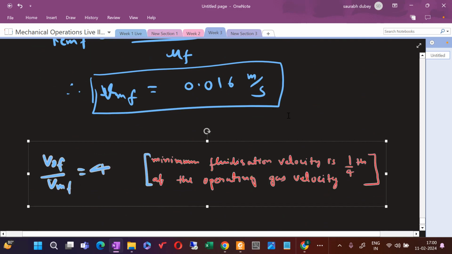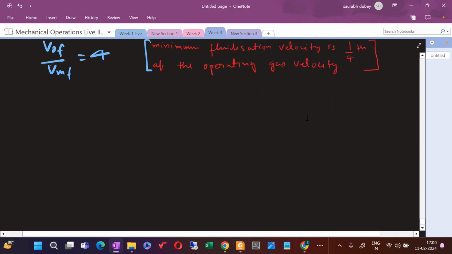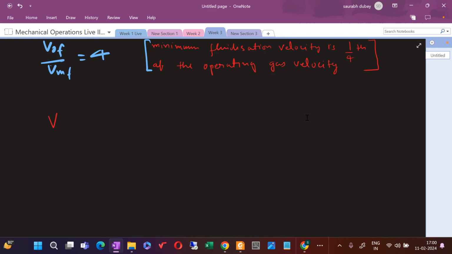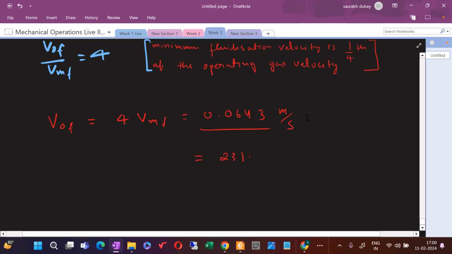So you can use this to calculate the operating velocity, which is 4 times the minimum fluidization velocity. This is 0.0643 meter per second, which equals 231.52 meter per hour.